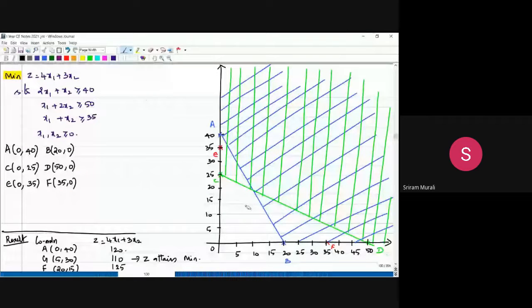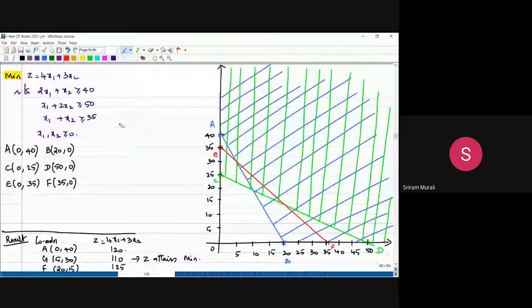The last line is E and F. So this is my EF. Again, 0 plus 0 cannot be greater than 35. So what do I have to do? I should again give a shading away from the origin.